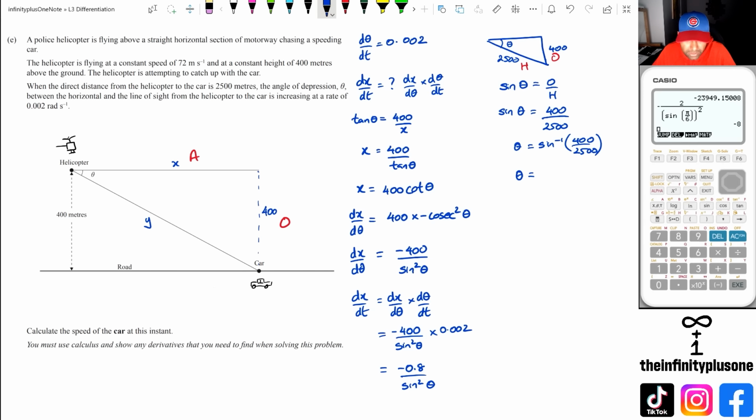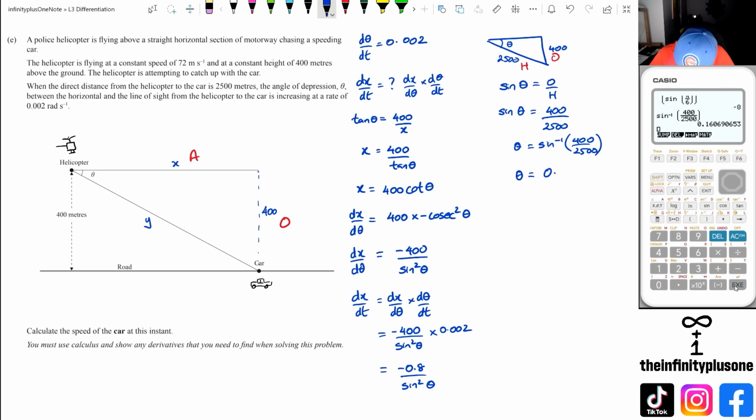Let me just pull up the calculator here. So we've got the calculator in radians. Inverse sine of 400 divided by 2,500 gives me 0.1607.